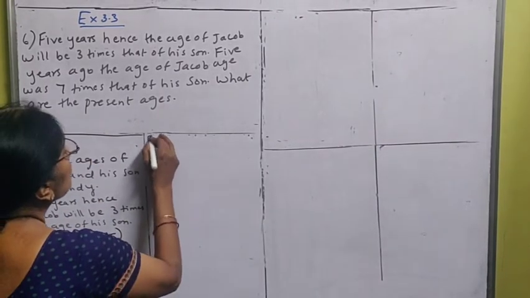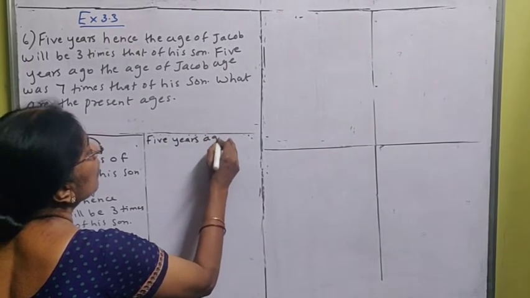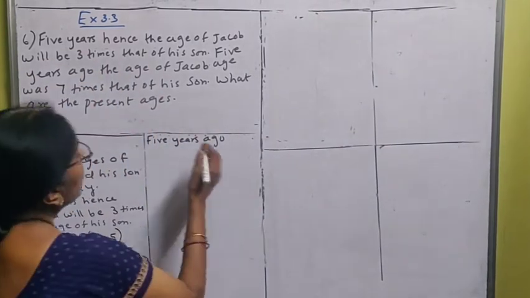So what is the next clause given? 5 years ago. Ago means before. What happened?